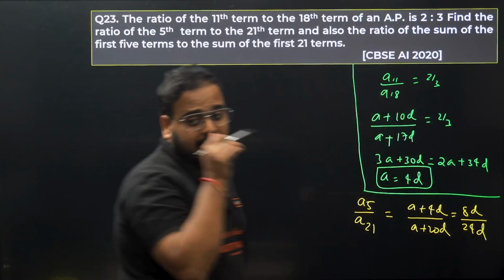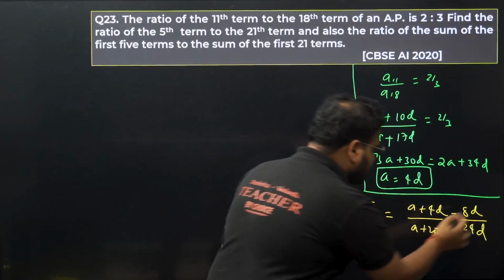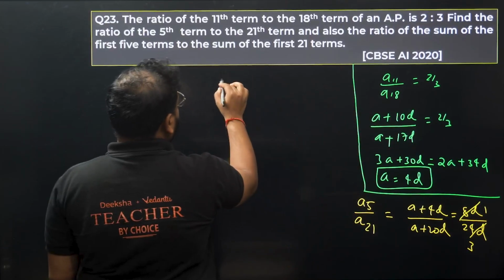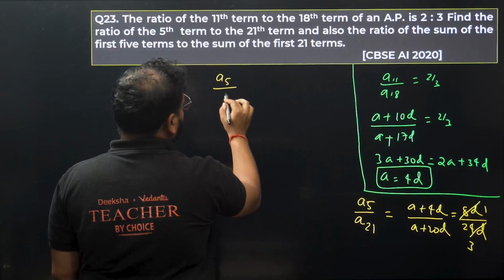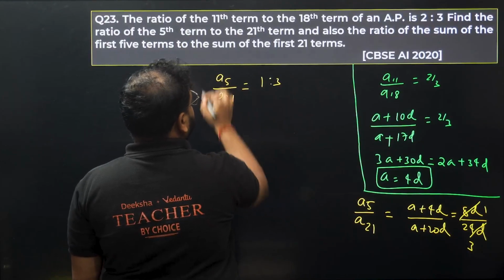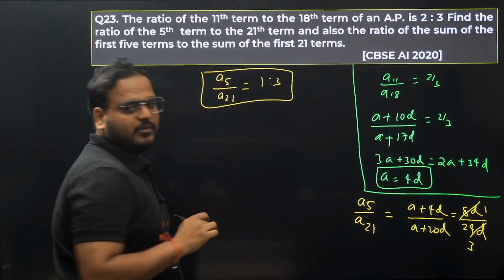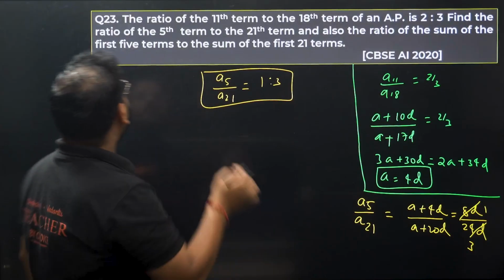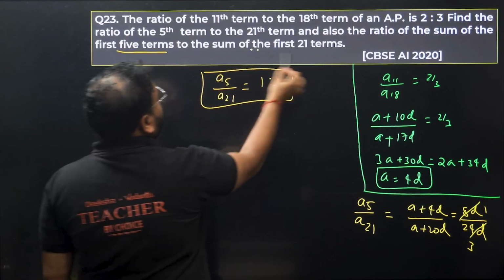Right, 8d upon 24d, cancel this, you get the answer as 1 by 3. So your answer for the ratio A5 to A21 is nothing but 1:3.